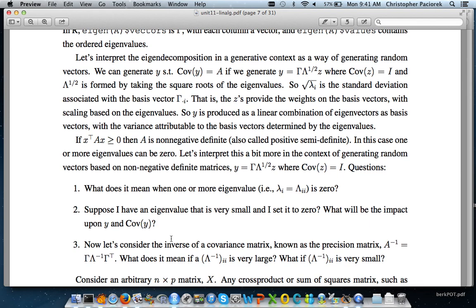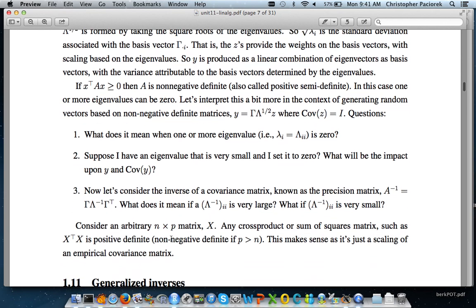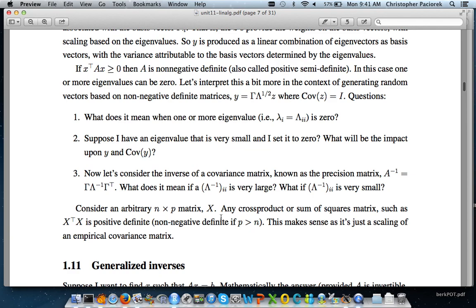Okay, so questions about that? Okay, and I can also think about what would happen if I start thinking about the inverse of A, which we call the precision matrix instead of the covariance matrix. So if I have an element of the precision matrix that is very large, it means I have high precision, which corresponds to having low variance.